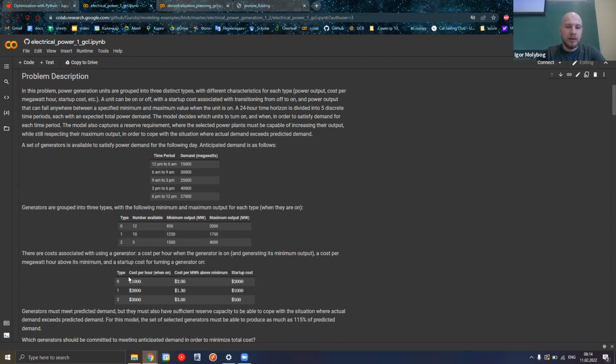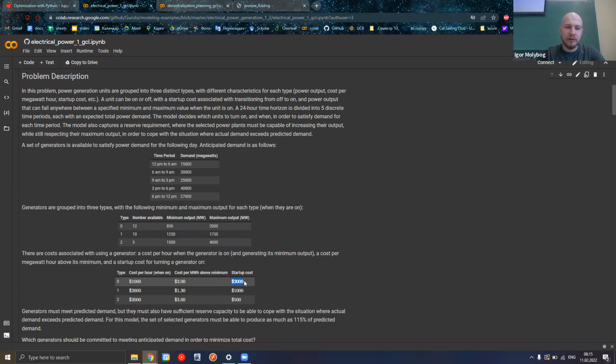If you are using a generator for an hour, even on the minimal setting, you have to pay a fixed amount per hour, and then on every megawatt over the minimal amount, you have to pay a certain number of dollars per megawatt. In order to turn on a generator, you have to pay a startup cost, but you can turn it off for free.